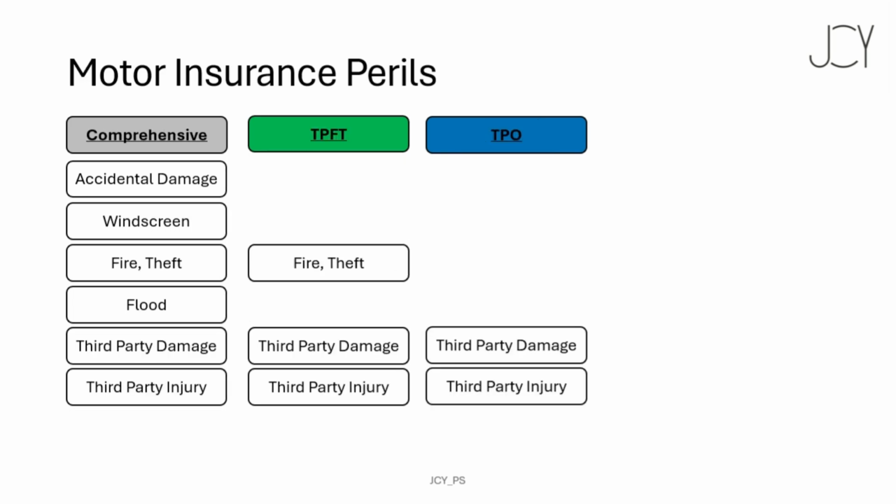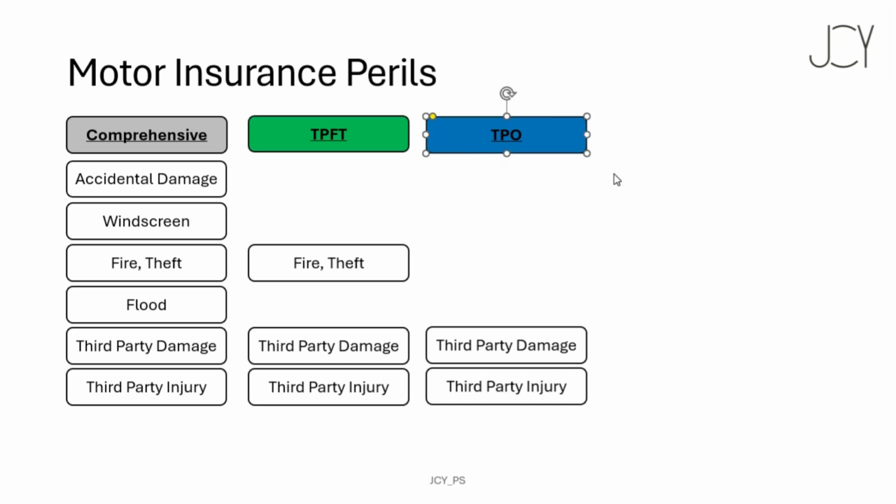So if we move on to motor insurance, we can see typically three coverages that we can buy as a customer. So comprehensive, which covers all the perils, as it says on the tin, comprehensive. We could buy a third-party fire and theft, so only third-party related claims are included, plus fire and theft.